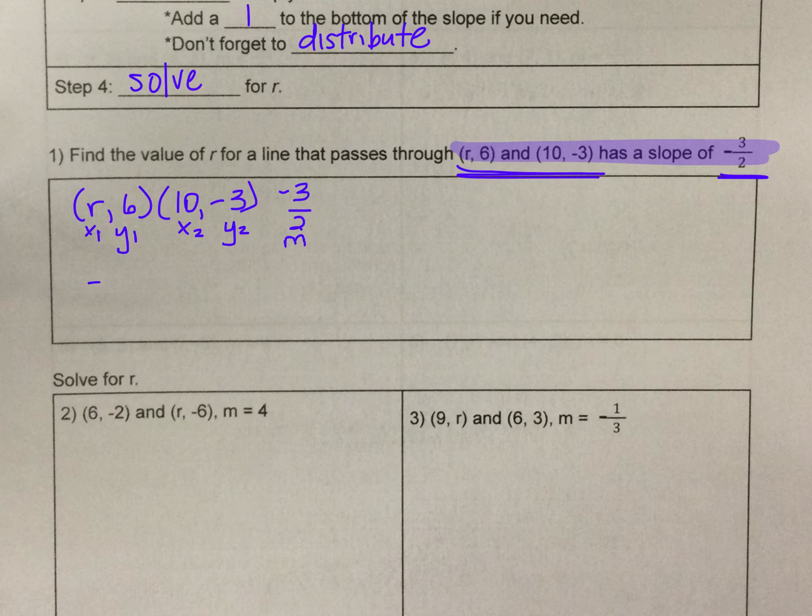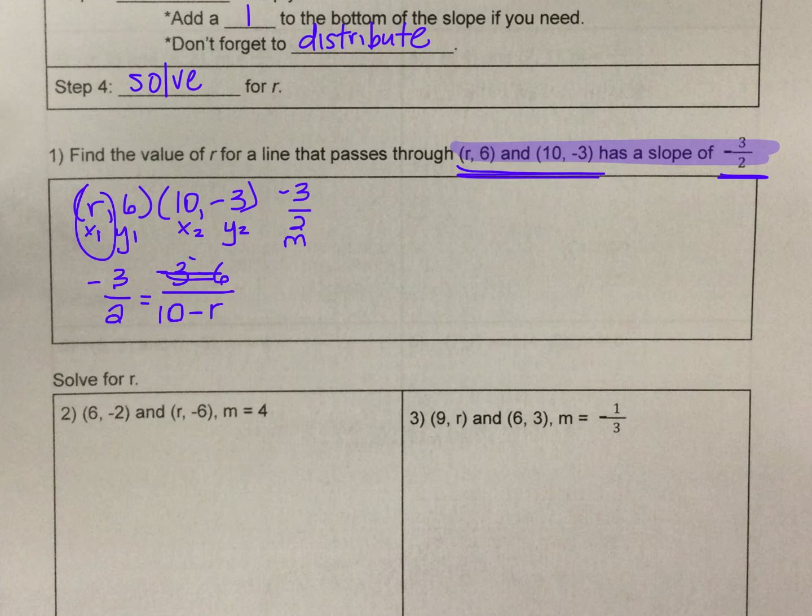Slope equals, so -3 over 2 equals y2, -3, minus y1, 6, over x2 minus x1, which is r, which is super weird, but don't worry, we'll figure it out.